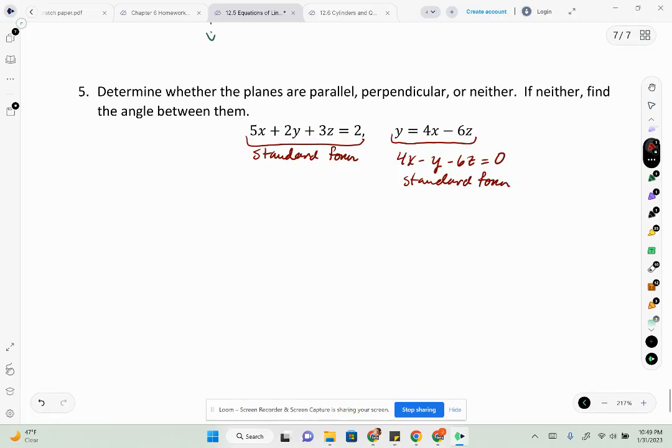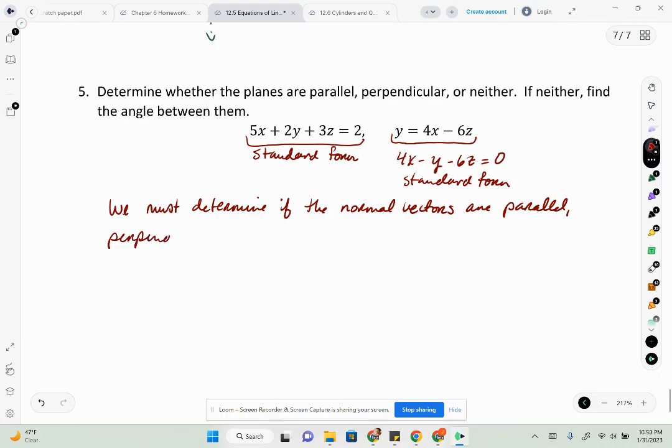Okay. In order to determine whether planes are parallel, perpendicular, or neither, we must determine if the normal vectors are parallel, perpendicular, or neither.